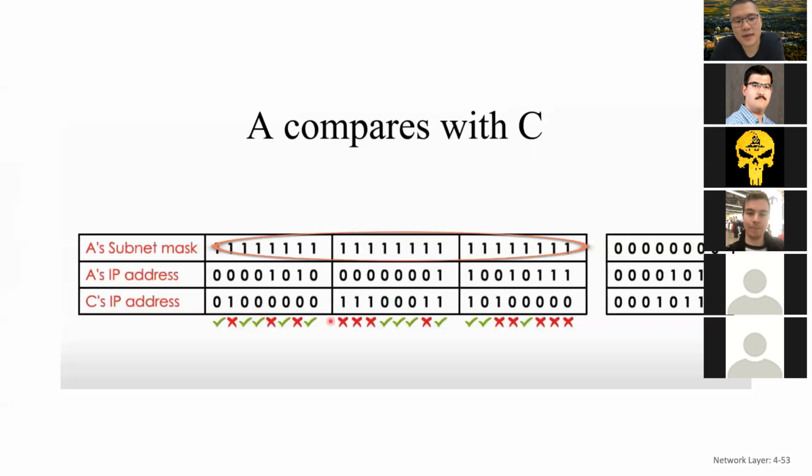They are not the same, and the second and third also. The first 24 bits are not completely the same. Okay. That's why people use the subnet mask to indicate the information. So there is a question.